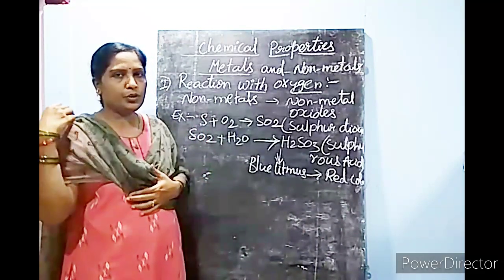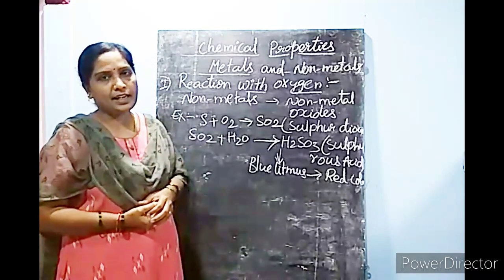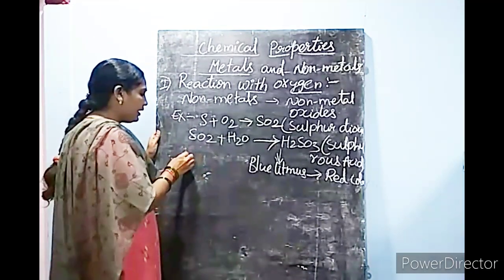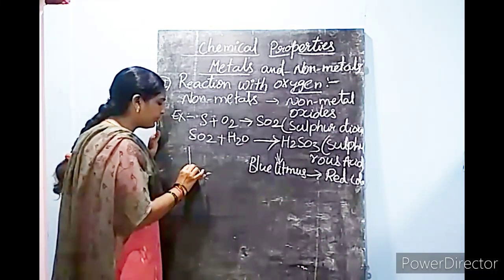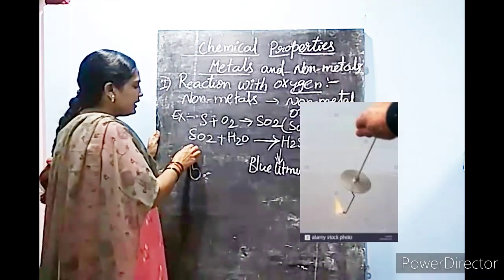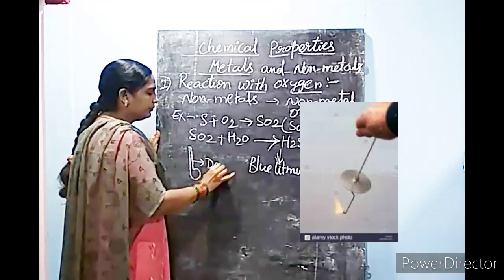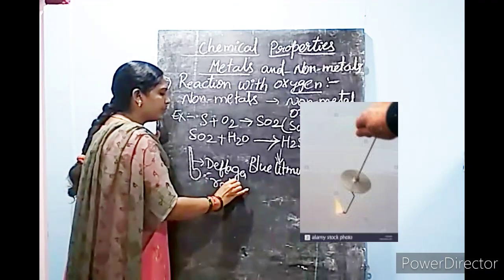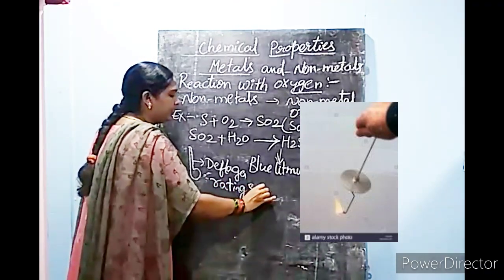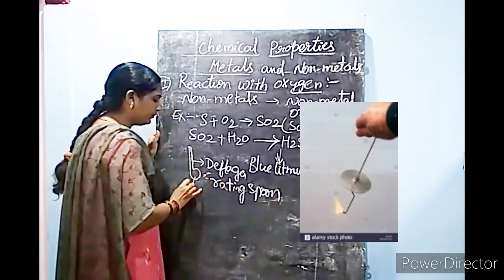And we'll see how the sulfur reacts with the oxygen. You take a little amount of sulfur in a deflagrating spoon. A deflagrating spoon will be like this, a bent one.